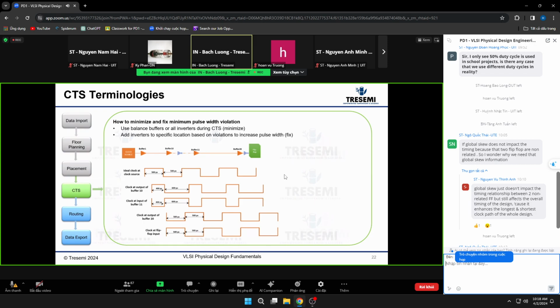So knowing that each buffer eats up 10, you can fix it by adding inverters here to invert the signal back at buffer 11. So now the buffers will eat up the 400 rise.